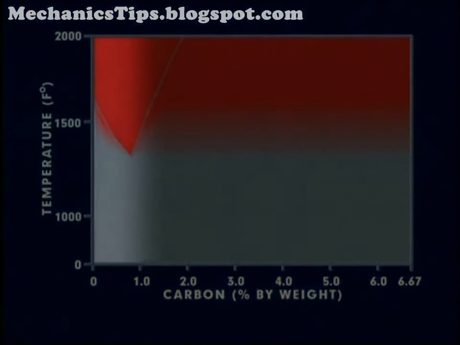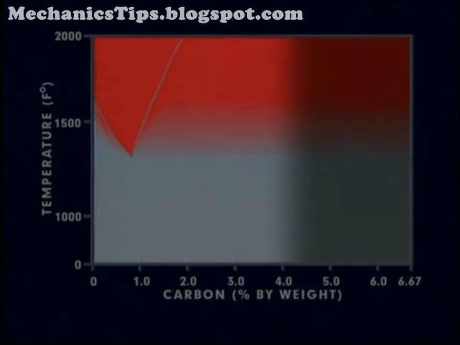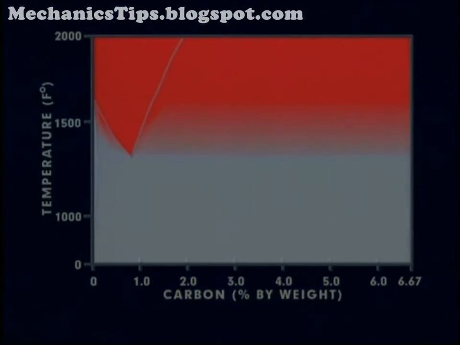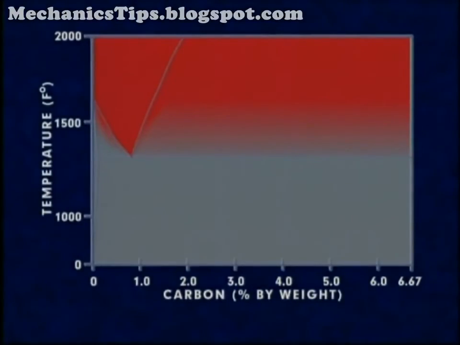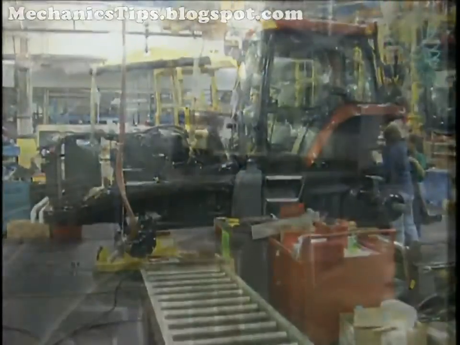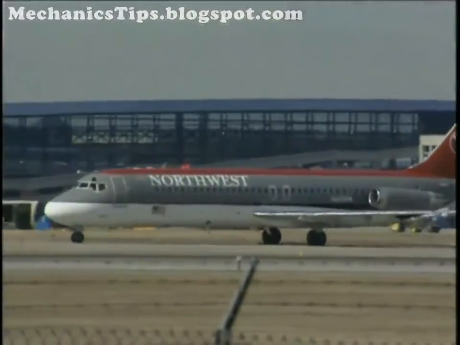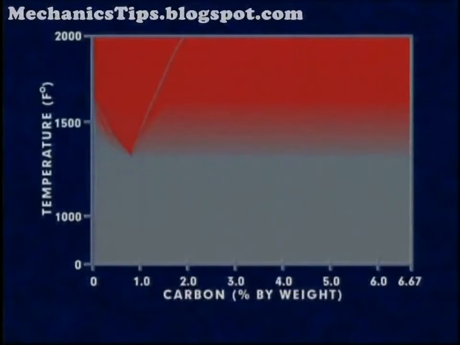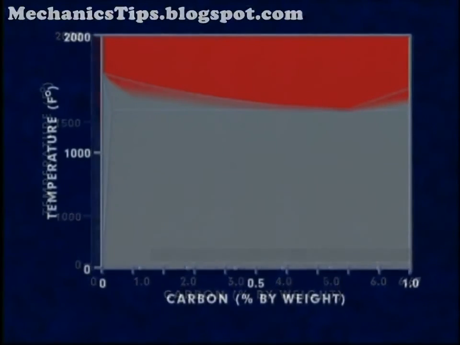The use of very low carbon contents or very high carbon contents provides many different steel compositions with very different properties. For this reason, steel is suited to a wide range of engineering applications. Let's take a closer look at some examples of how carbon affects the hardness of steels.